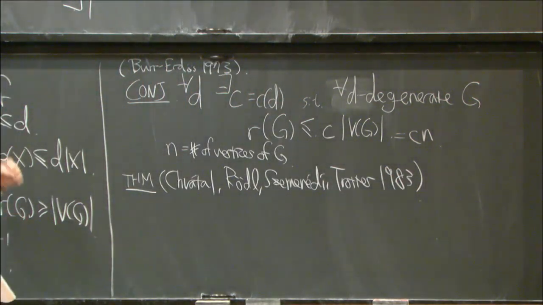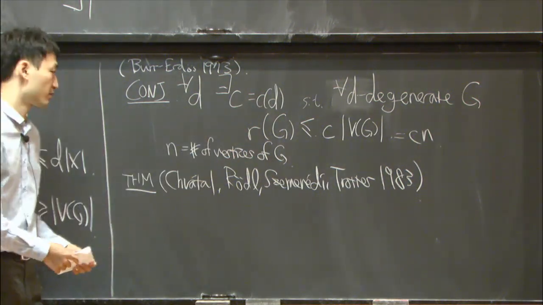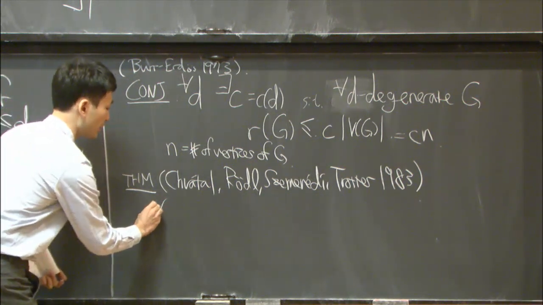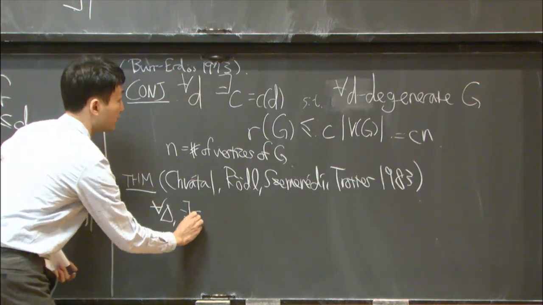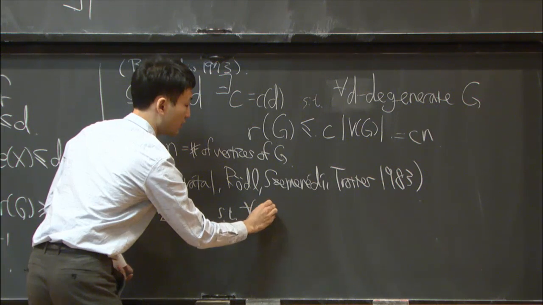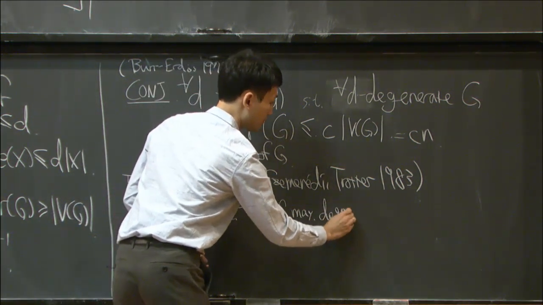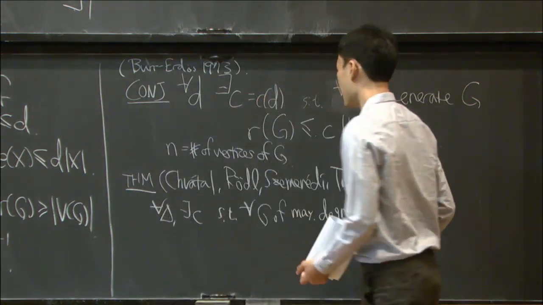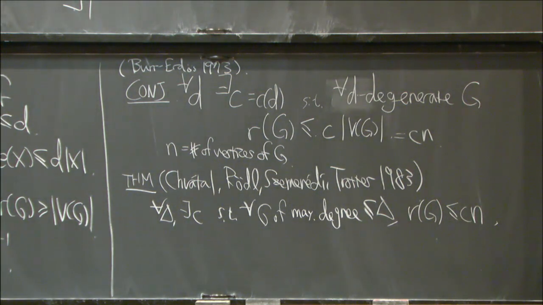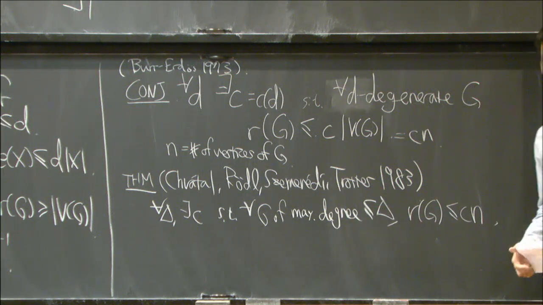They weren't able to prove the conjecture, but they were able to prove it for a more restricted class of graphs, namely graphs with bounded max degree. So they proved that for all delta, there exists a constant c, such that for all graphs G of max degree at most delta, the Ramsey number of the graph is at most c times n. Namely, the conjecture is true if you look at bounded max degree graphs.